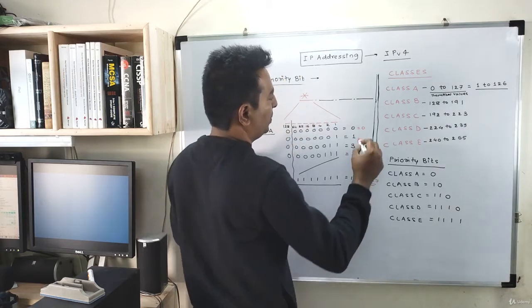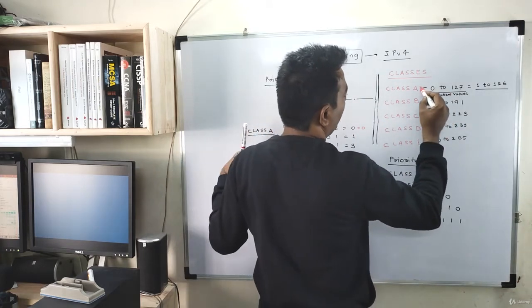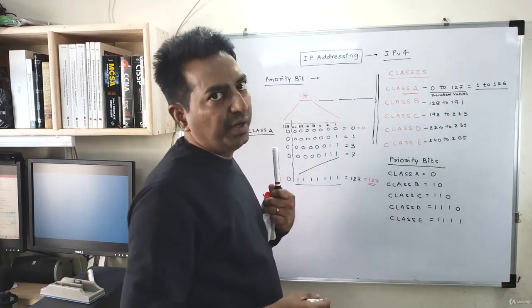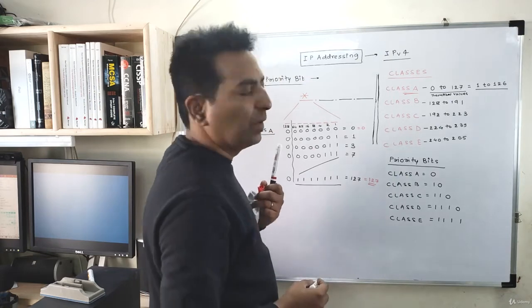I hope now you have a clear understanding of why the class A range is 0 to 127. So friends, I hope you understood.